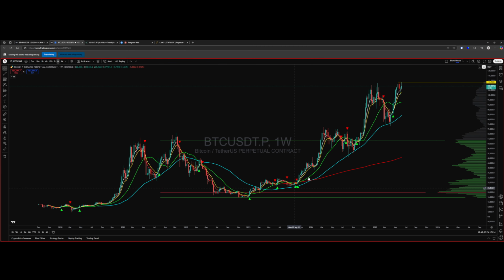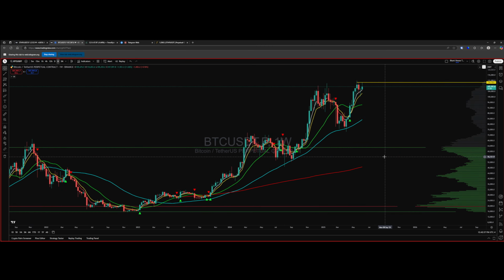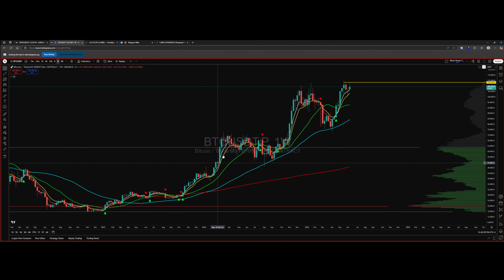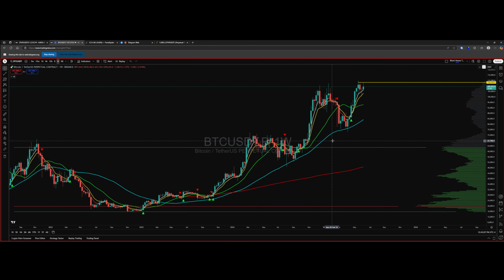you'll notice how each of these legs, let me just show you this. So here's your main leg, here's your retracement. This second leg higher is shorter than the first. This third leg higher is shorter than the second. You can anticipate that the next leg higher, if in fact there is one, and this is still a bullish chart, will probably not be the same as this one is.